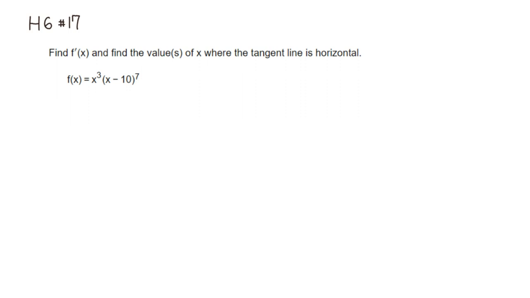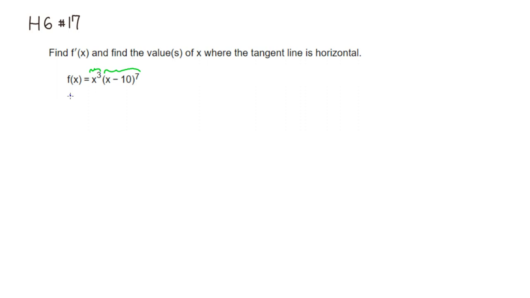We're going to look at this as a product of two things. Here you have x cubed, and then we have a quantity x minus 10 to the 7th power. Since it's a product, we're going to use the product rule.